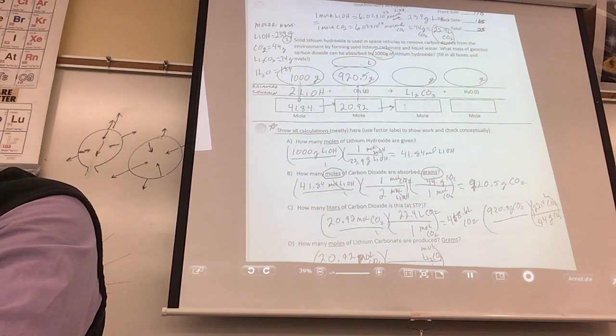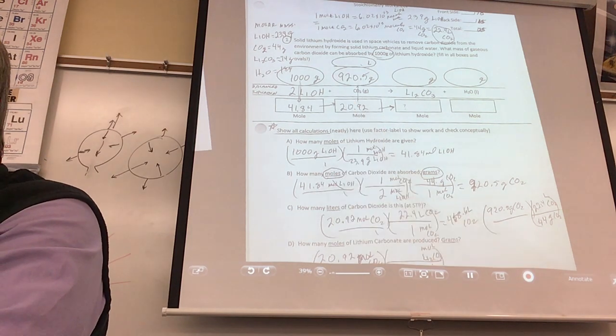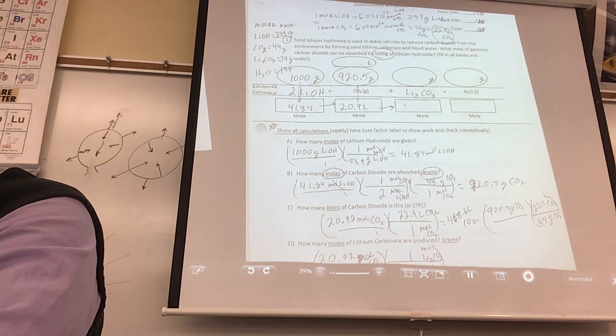If you're not sure, ask May. And the coefficient. Yes? All right, look up here. What do you see here? For every 1 mole of that, you get what? 1 mole of that.